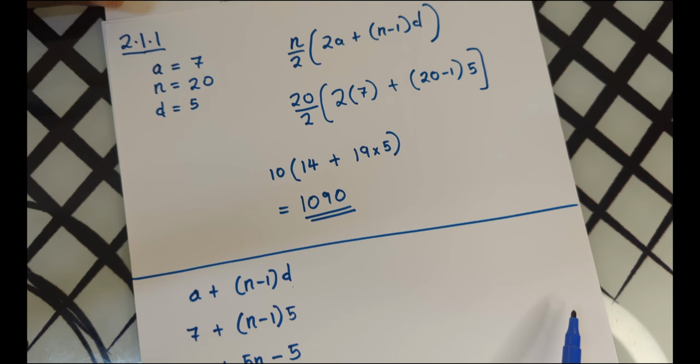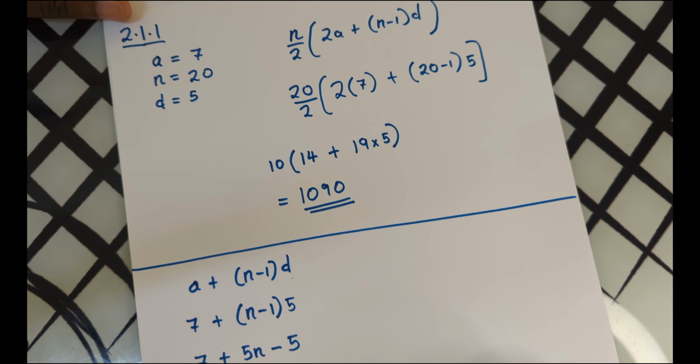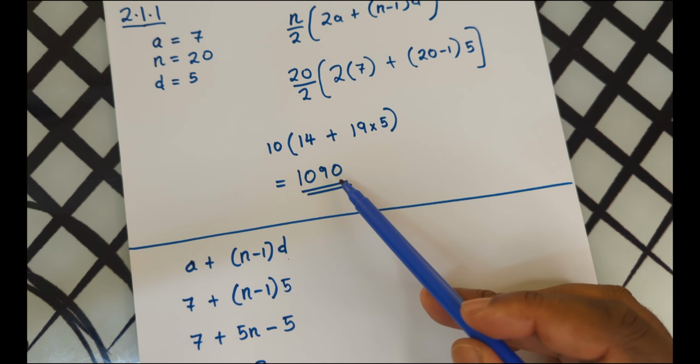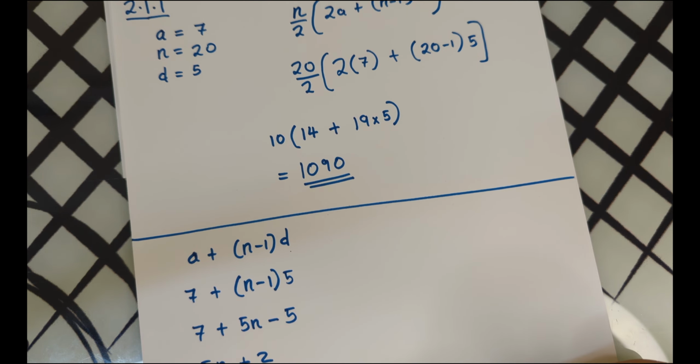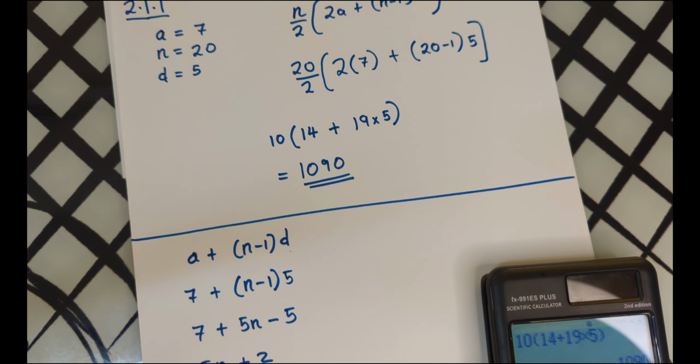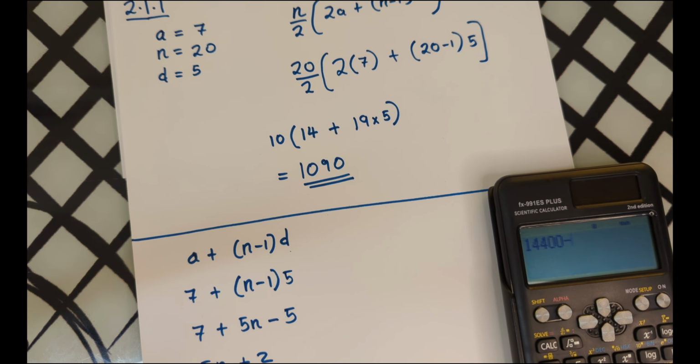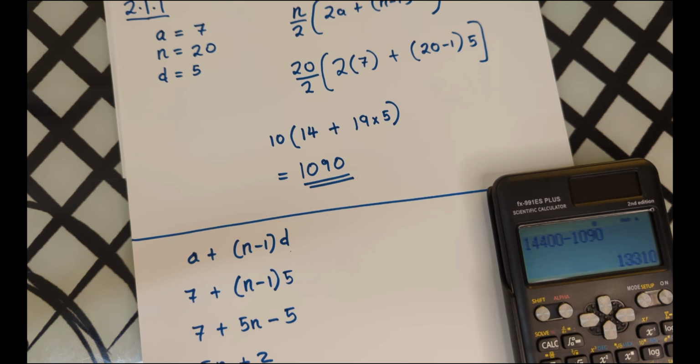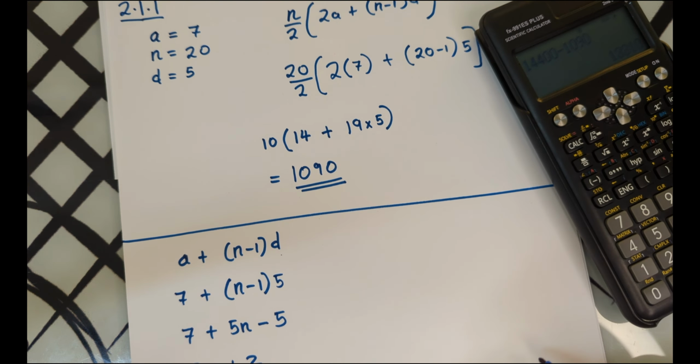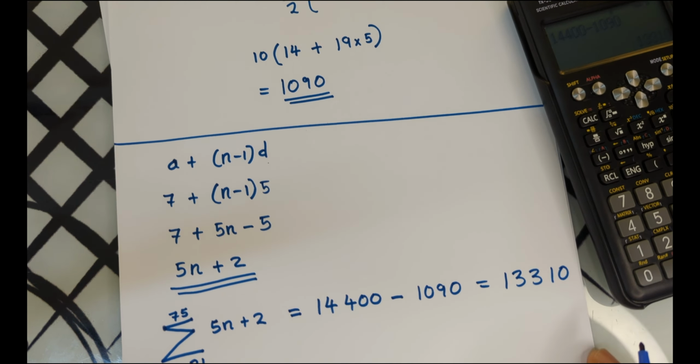In this case it was 14,400 minus the sum of the first 20 terms, which we calculated here, 1090, and simplifying this will give us 14,400 minus 1090, which is 13,310.